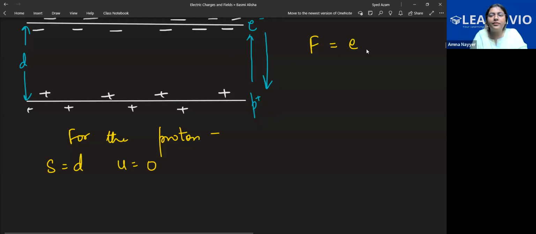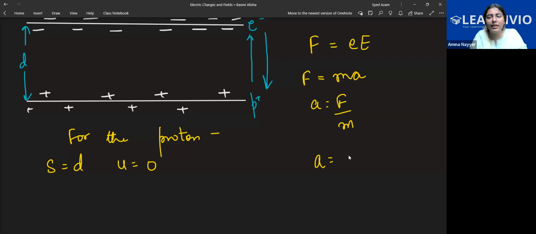And let's say the electric field is E. Now, from the second law of motion, F is equal to ma. So acceleration will be force by mass, means acceleration will be eE by mp, where mp means mass of proton. T we don't know, that we have to calculate.